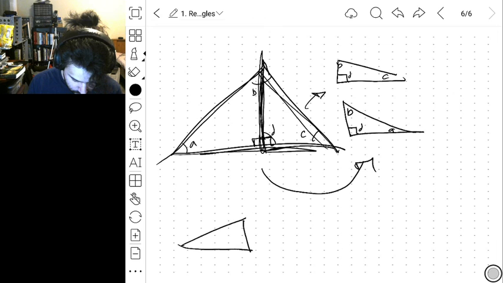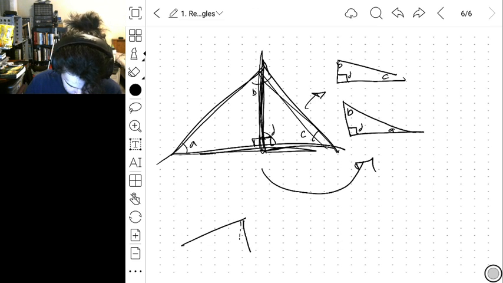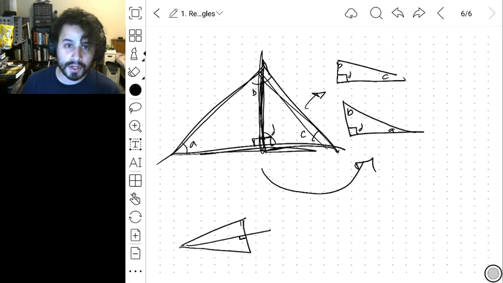You can just go perpendicularly down this way, and then these two will be right angles. Or if you prefer, this might be a little bit more work, but if you can figure out the perpendicular line here, then these will be two right angle triangles. All I'm saying is you can turn any triangle to a right triangle, so if you know how to work with them, you can work with anything.